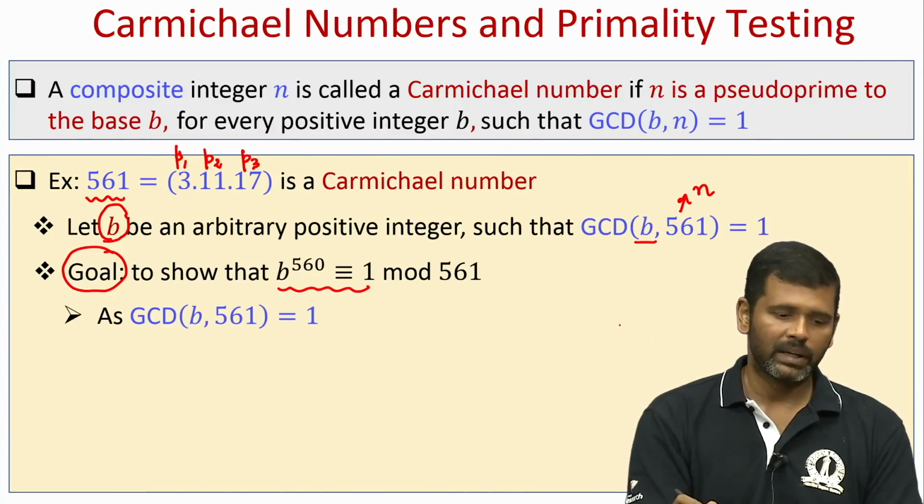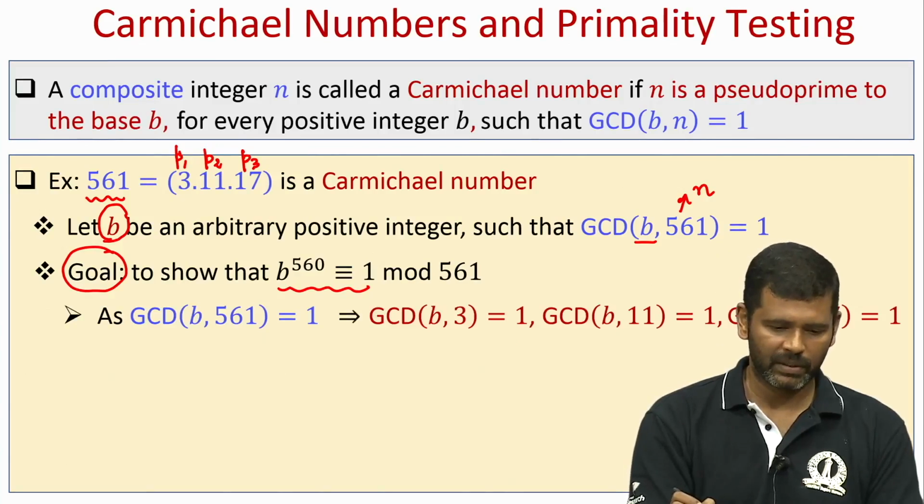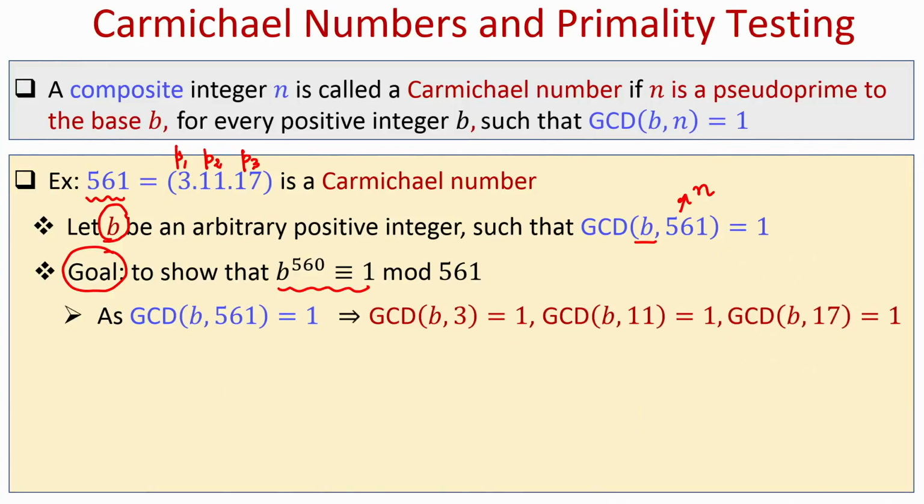Since I know that the GCD of b and 561 is 1, I can imply that individually b is co-prime to each of the prime factors of my n. So, b will be co-prime to 3, b will be co-prime to 11 and b will be co-prime to 17.